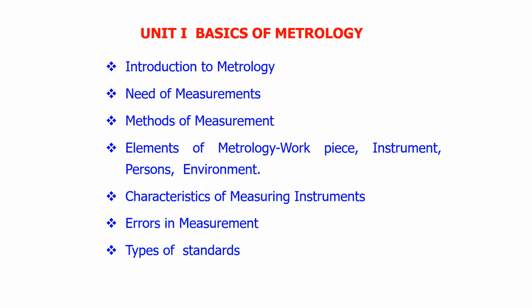They may be due to the instruments, the measuring persons, the workpiece, the environment, and other factors. Those cannot be fully avoided, but we can minimize the errors. And finally, we have the standards like line standard, end standard, gauge standard, and other things we are going to discuss under the basics of metrology.